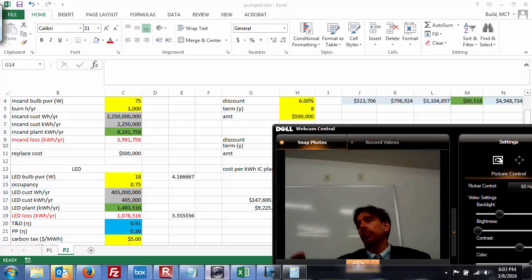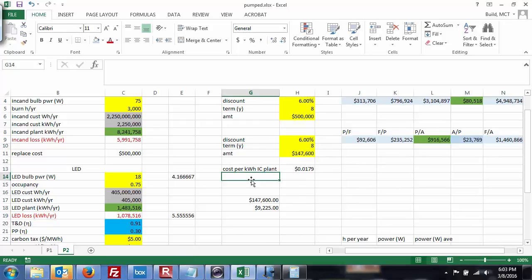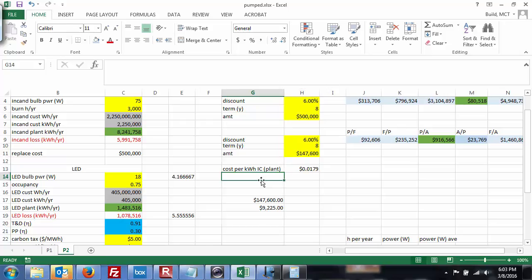You've done it all. So cost for the plant, because the plant's burning through more BTUs than kilowatt hours they're sending. So now let's do cost per kilowatt hours in incandescent customer.